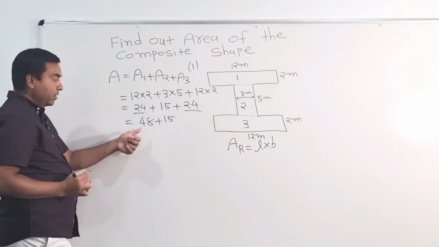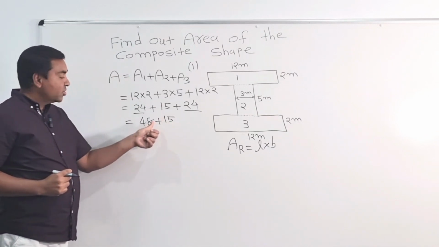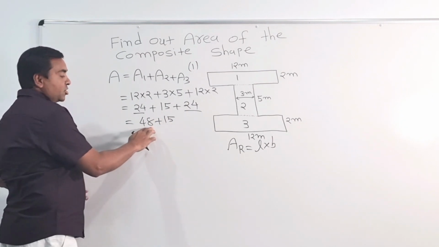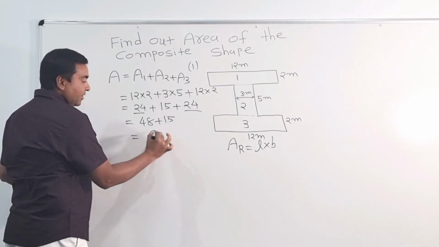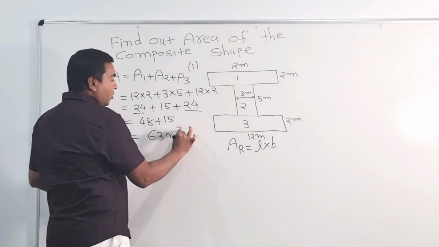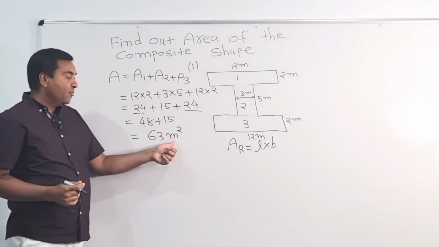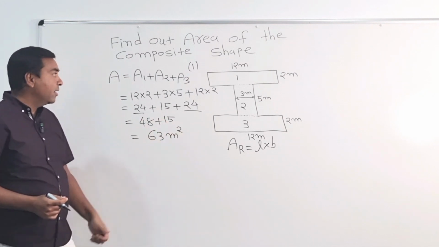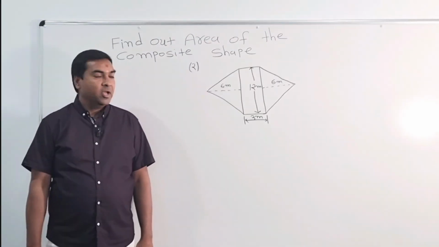If you want to do it faster, you can do 50 plus 15, which is 65, but then you minus 2 because that's only 48. So that is going to be 63, in square meters. You've got to understand, guys, area is a two-dimensional thing, and the unit must be meter squared, centimeter squared, like this. So this is the end of our question number 1.